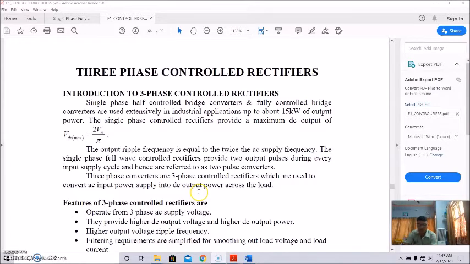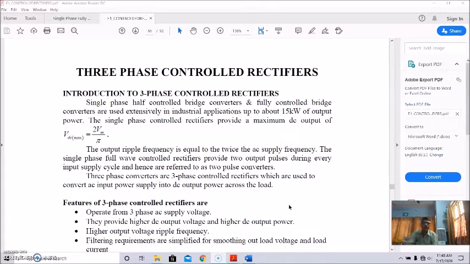And full-wave bridge rectifiers are again subdivided into half control and full control. And full control is again subdivided into 6-pulse and 12-pulse, that is 6-pulse means three-phase fully controlled bridge converter, and 12-pulse means six-phase full-wave control bridge converter. So actually this is the classification or division of three-phase control rectifiers.